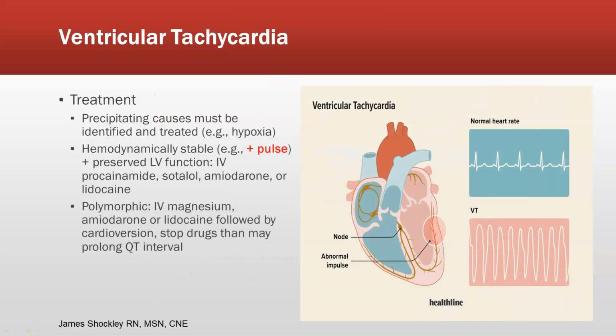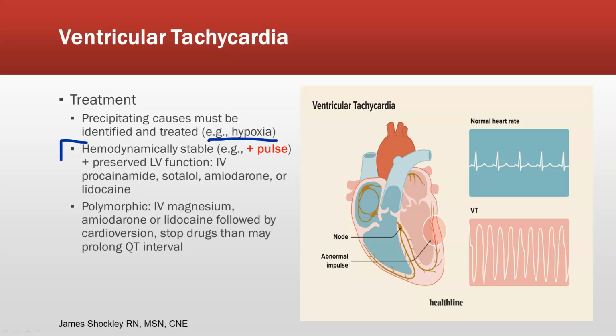So again, we're going to look at our precipitating causes. And we're going to have to find those causes, and we're going to have to treat them. That's what we've already just said. Again, hypoxia is there because it's a huge reason to end up in a dysrhythmia.